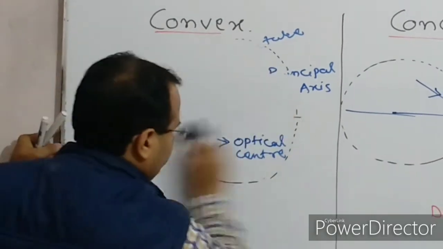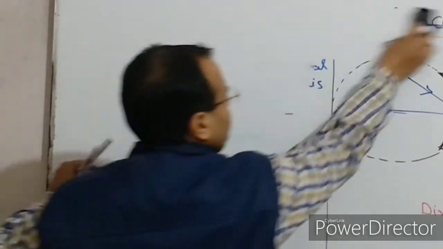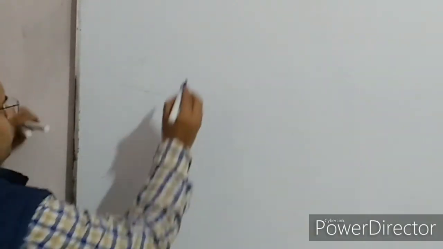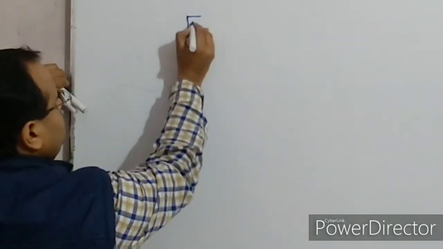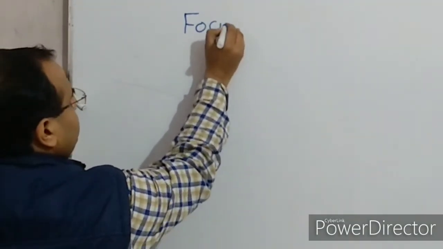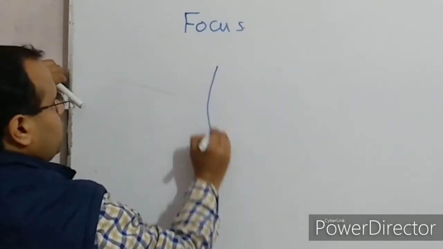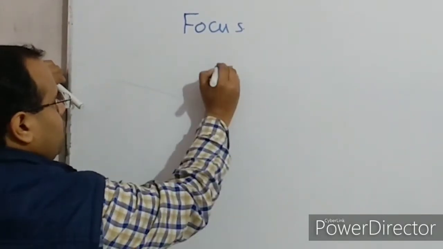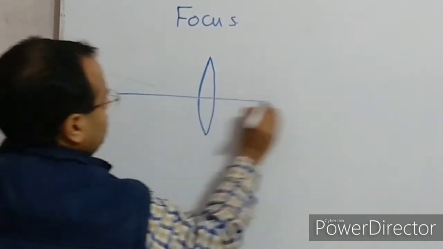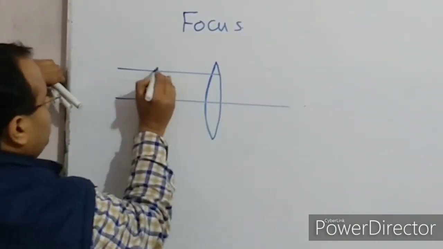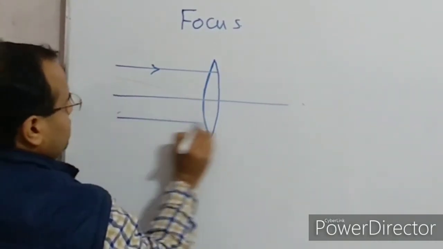For that I am removing all these things, and now we will discuss in detail the convex and concave lenses. First, the definition of focus. Suppose this is the convex lens, and a light ray is incident parallel to the principal axis of the convex lens like this.